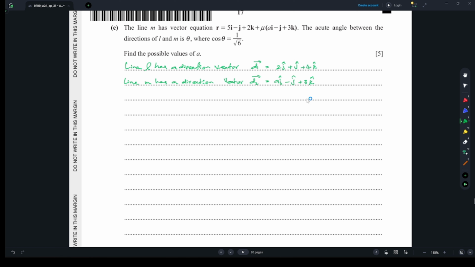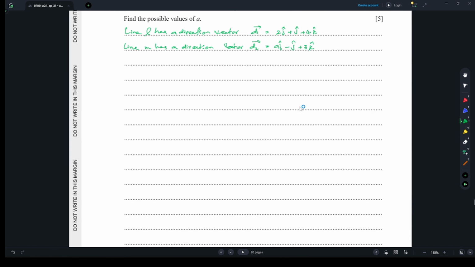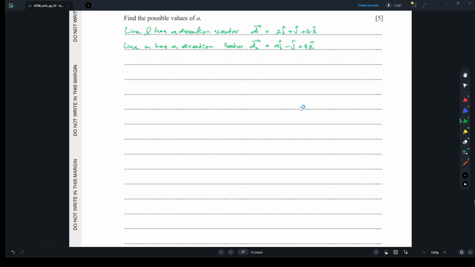Okay, and then they say that this angle between these two directions is an acute angle and given by the cos theta value.